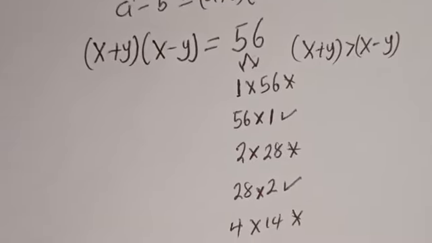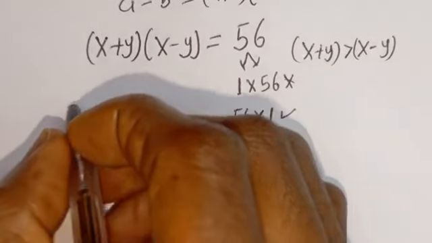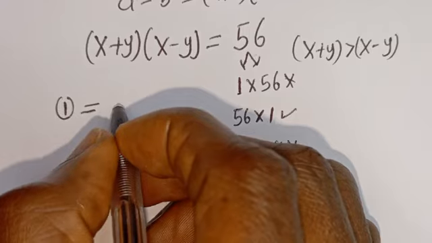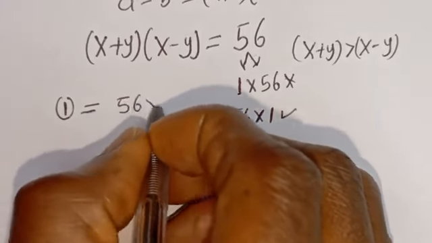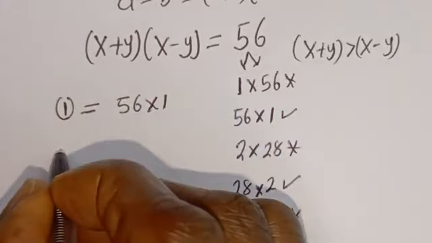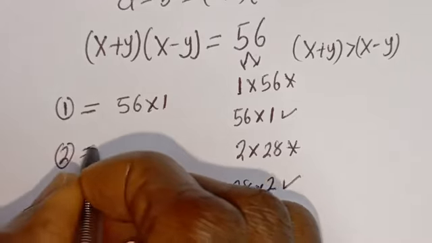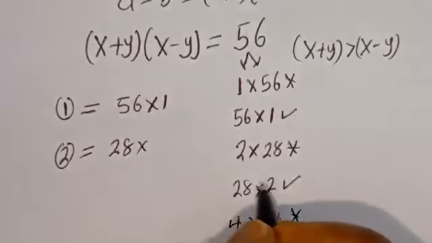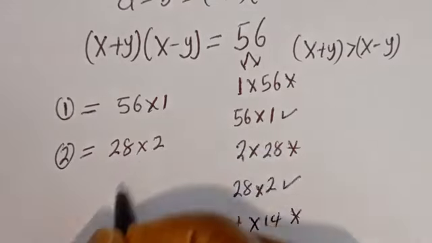So from here, we have the first case, which is equal to 56 multiplied by 1. Second case is equal to 28 multiplied by 2.